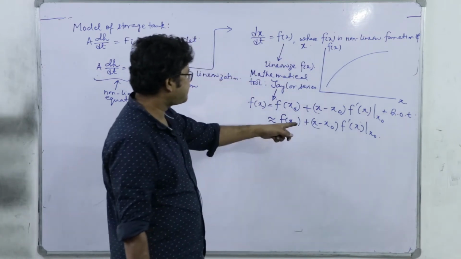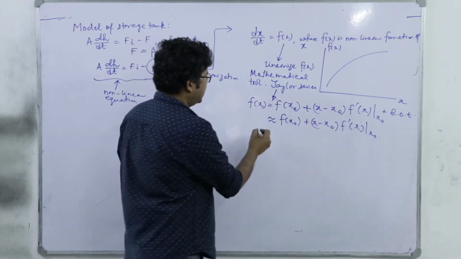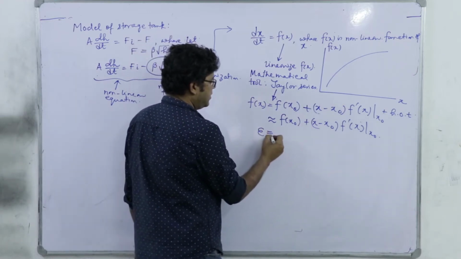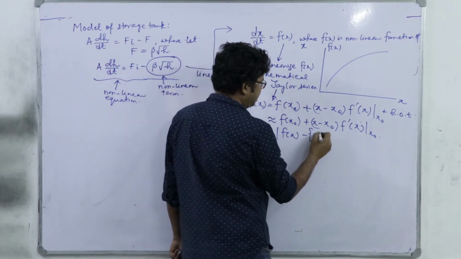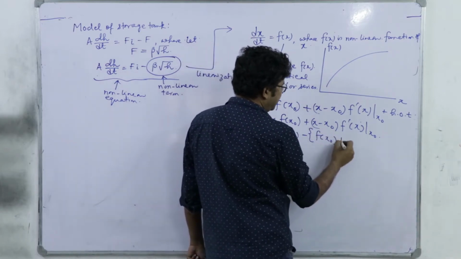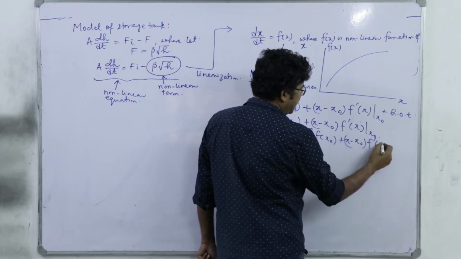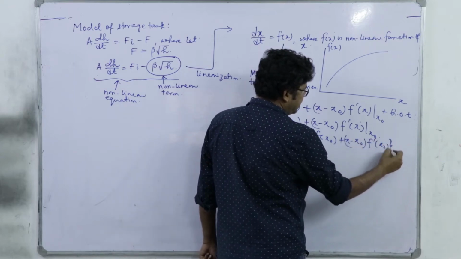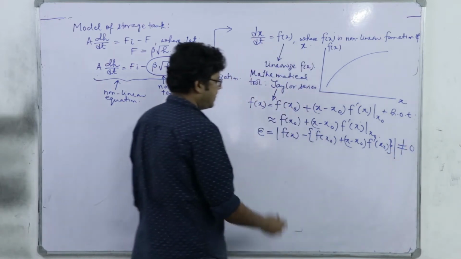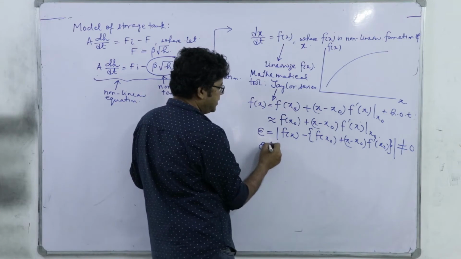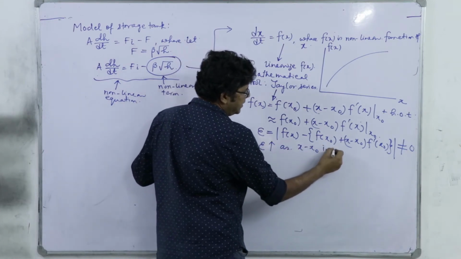So, definitely there will be an error, right. The error, which is defined as f(x) minus [f(x0) plus (x minus x0) into f prime at x0], is definitely not equal to 0, and the error epsilon increases as x minus x0 increases.